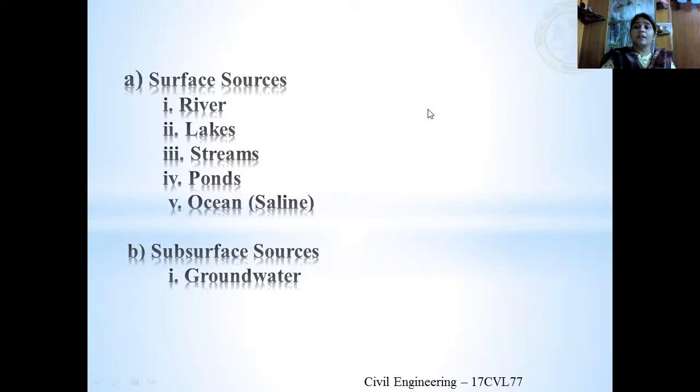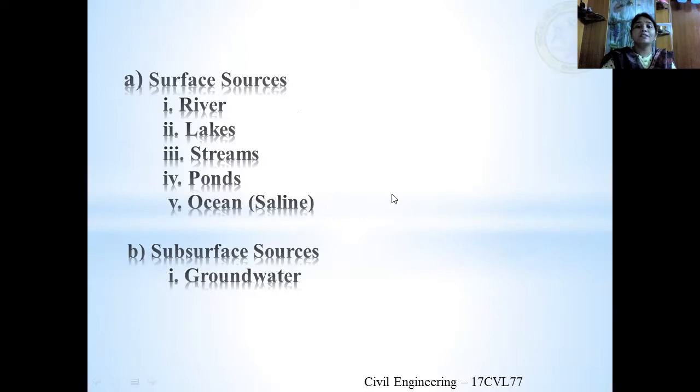The water supply is mainly done from the surface sources. The water is treated from the surface sources. But when this is not sufficient, we go in for subsurface sources. Again, in surface sources, we have fresh water and saline water. Saline water, though it is present in large quantity, as 71% of the earth is surrounded by oceans, we are not using that water.